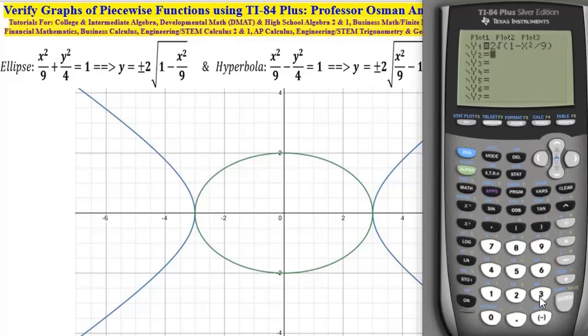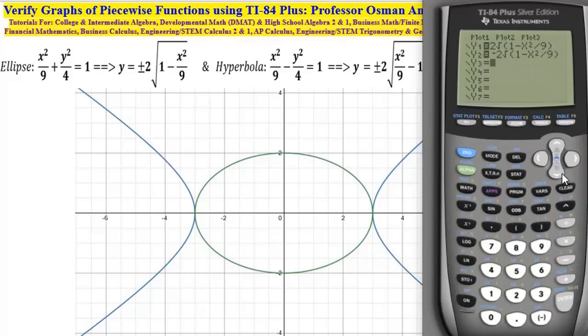The bottom part is minus 2 square root of 1 minus x squared over 9. Okay.